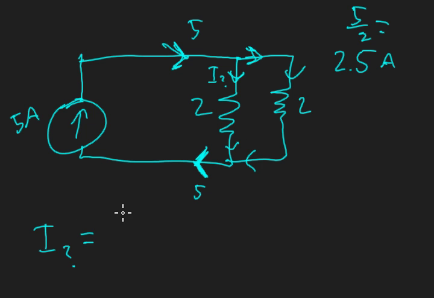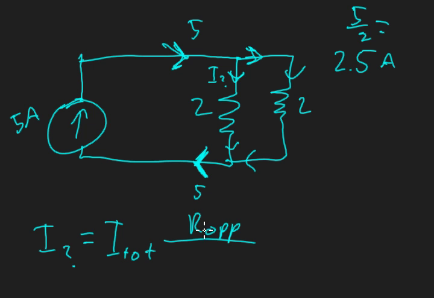The current along here is going to equal the total current, I tot, times the resistor opposite to the branch you're trying to find the current along. Because it's this current, we want to take the value of this resistor. If we were trying to find the current along here, we would want to take the value of the opposite resistor, and that's the key difference between voltage division and current division.